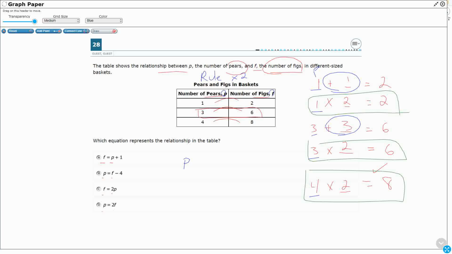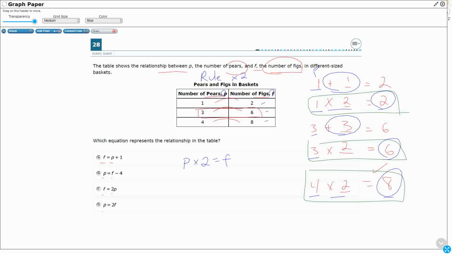So we take our pair, and we found out we multiplied it by 2, and what does that get us? Well, it got us the 2 and the 6 and the 8 we were looking for, which is the F. So we took our pairs, doubled it, and we equaled our F.